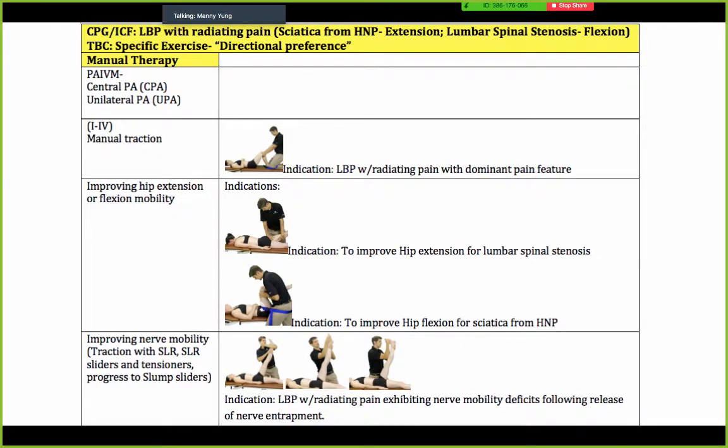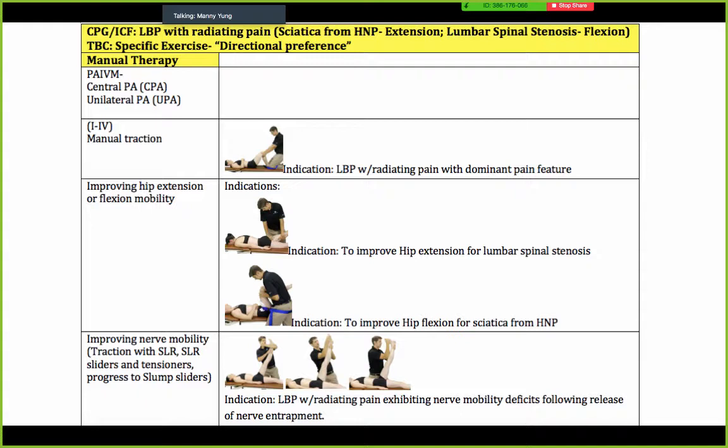So here's an example snapshot of a template, the lab handout that we give out to our students. So the CPG, the clinical practice guideline for low back pain with radiating pain, folks that have lumbar spinal stenosis and favor a directional preference of flexion. They're sensitive to extension.